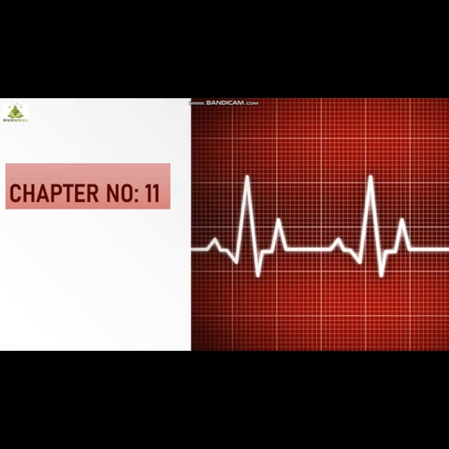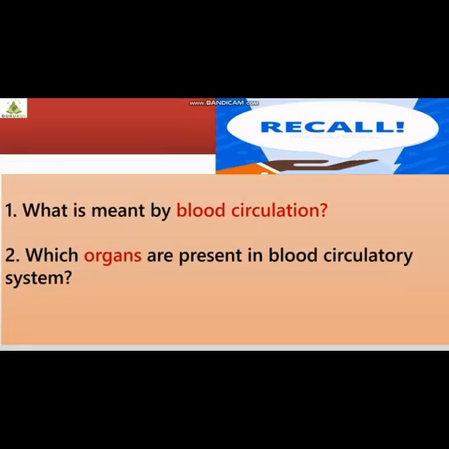We are learning chapter number 11, human body and organ system. Before that, students, let's recall certain definitions. The first question is, what is meant by blood circulation? The process of pumping the blood towards various parts of the body and bringing it back towards the heart is called blood circulation.